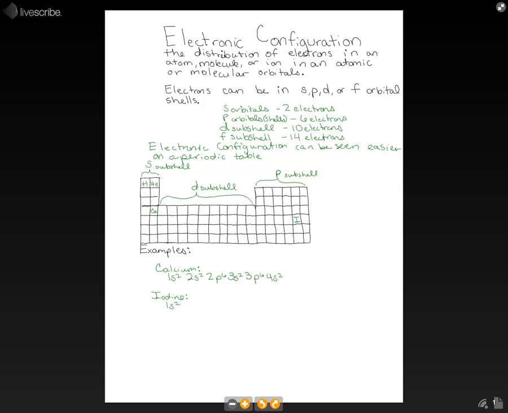So we have our 1s2, 2s2, 2p6, 3s2, 3p6, 4s2. But if we look now, after calcium, we have our D subshell in the middle there. And we have to take note of that and somehow write that down to show that that's there. We can't go straight over to the P's.